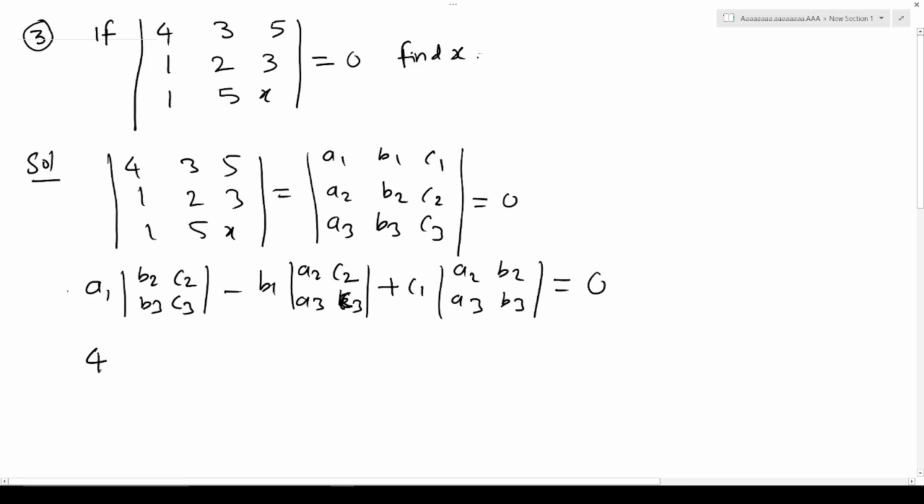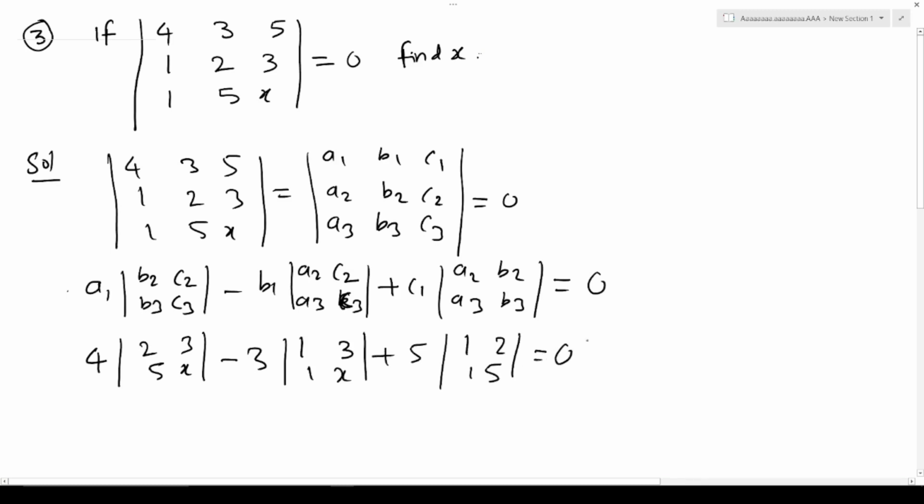Now 4 multiplied by (2x minus 15), minus 3 multiplied by (x minus 3), plus 5 multiplied by (5 minus 2), equals 0.